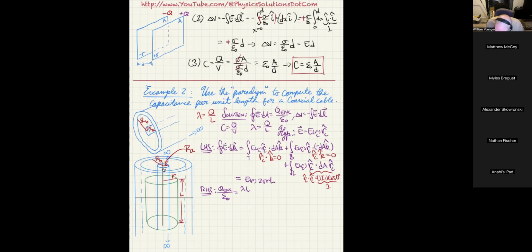Then the Q enclosed is just going to be lambda L, and then I'm dividing that by epsilon naught. So now I can set left-hand side equal to right-hand side. With that, I get E of R times 2 pi R L is equal to lambda L over epsilon naught.